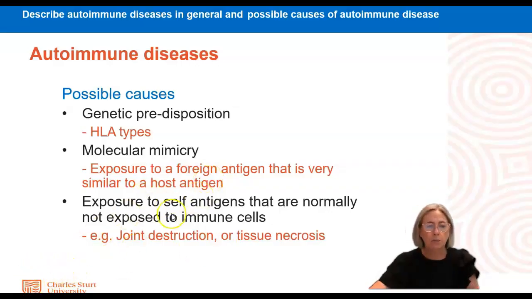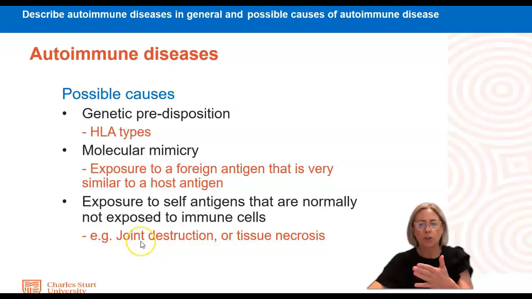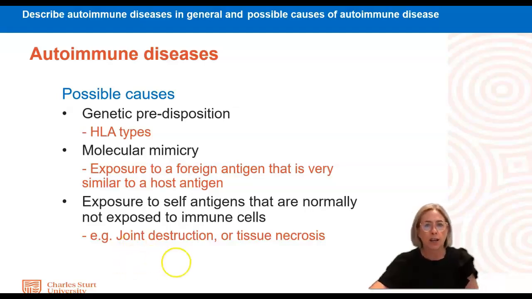The third one then is exposure to self-antigens that are normally not exposed to immune cells. For example, joint destruction. Now, there are molecules inside the joint that the immune system doesn't normally see. But if a joint gets destroyed, then the immune cells can enter the joint, and then they will recognize those antigens as foreign and mount an immune response to them.